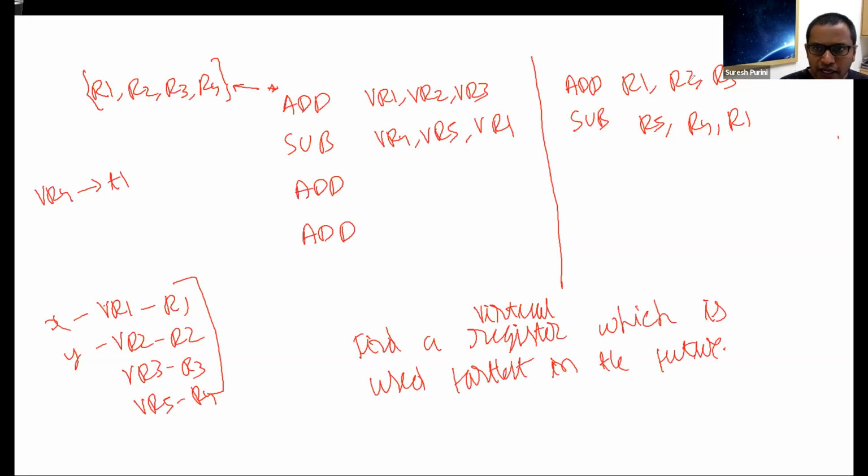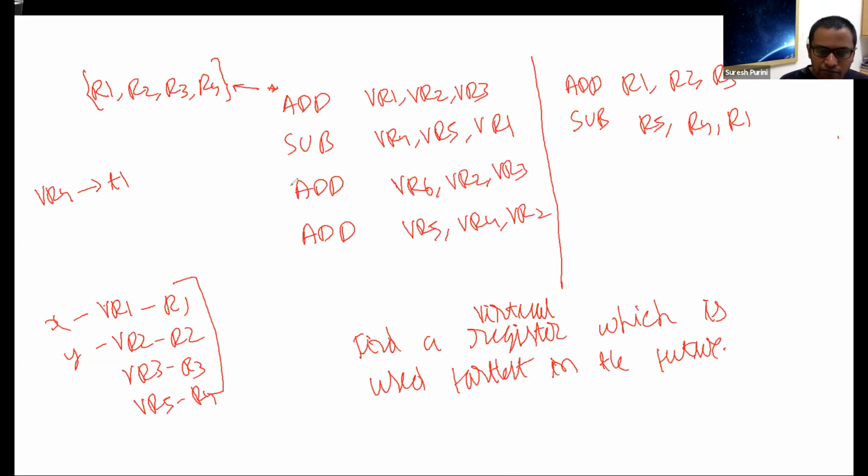Like, for example, let's say the code looks like this. For the sake of simplicity, I use VR6, VR2, VR3, maybe VR5, VR4, VR2, like that.